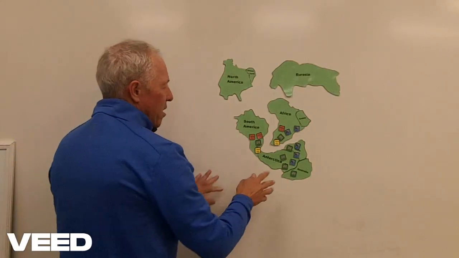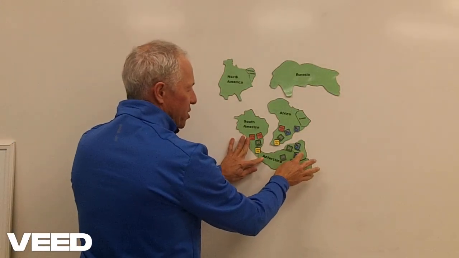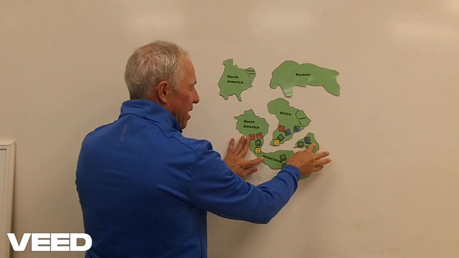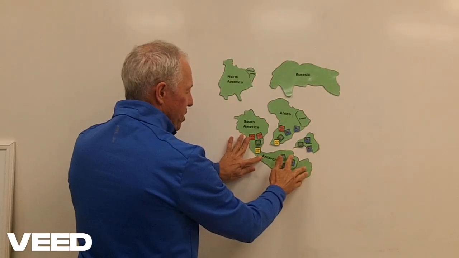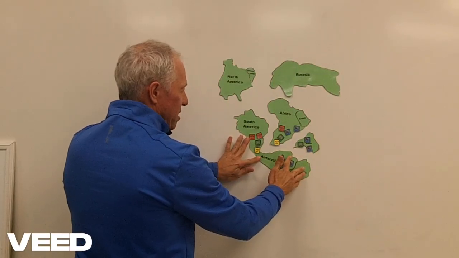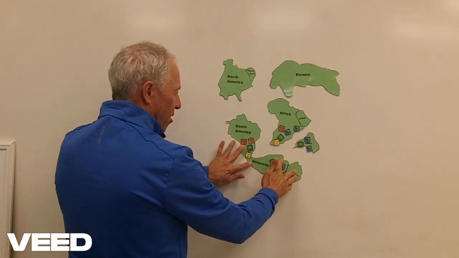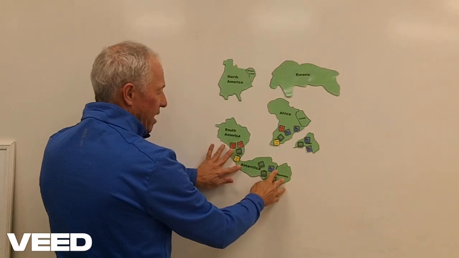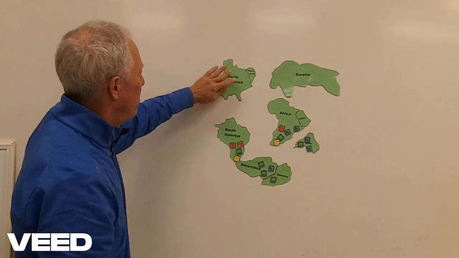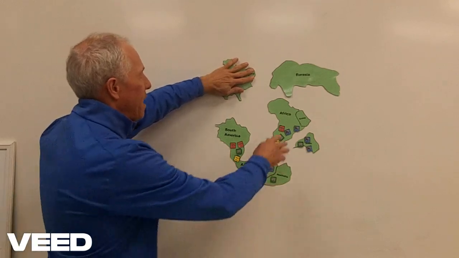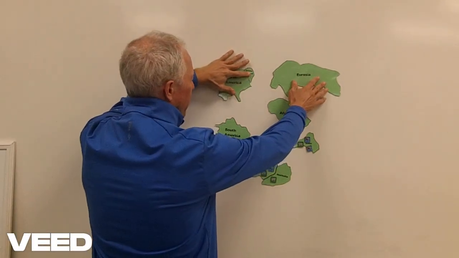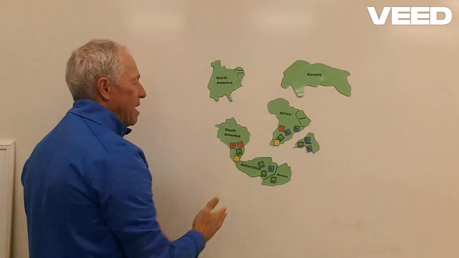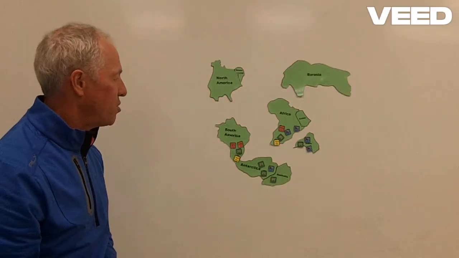About 120 million years ago, India breaks off and goes out into the ocean and becomes an island. South America, Antarctica and Australia stay together and move to the west a bit. Eurasia, North America and Greenland are continually separating as the Atlantic Ocean gets larger.